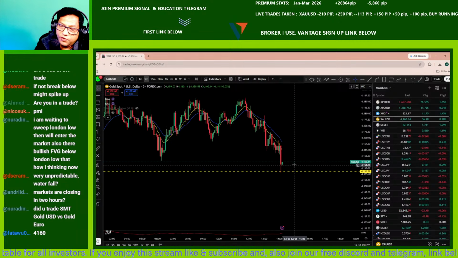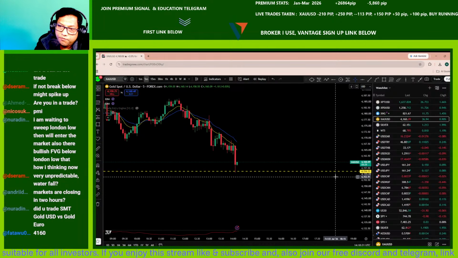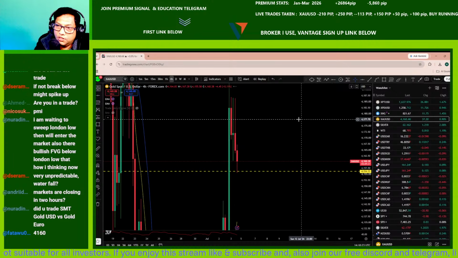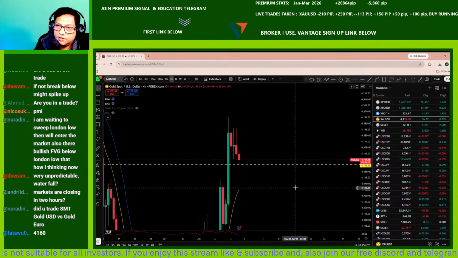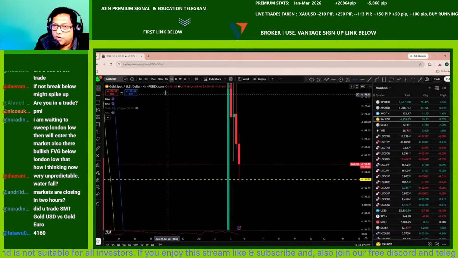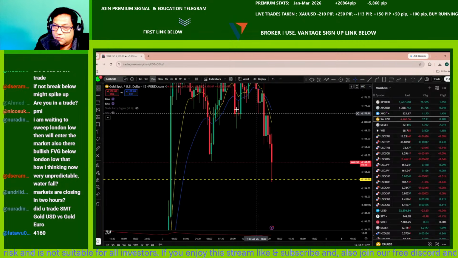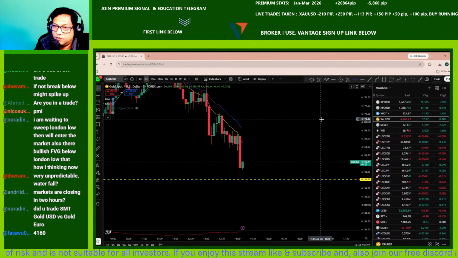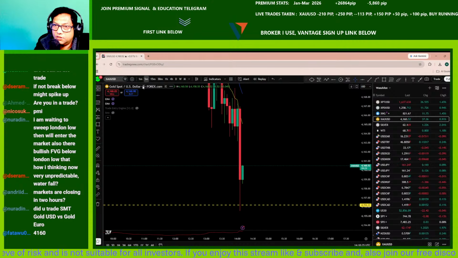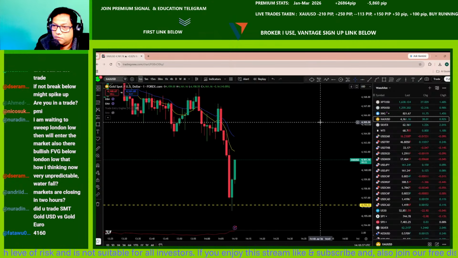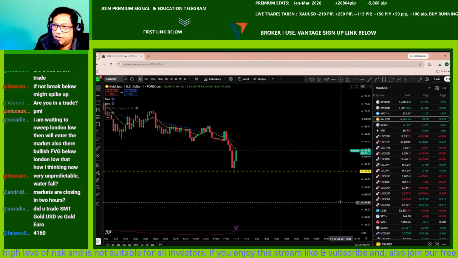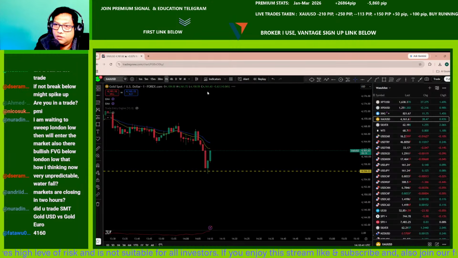Okay, so here, if you look at that, that's a support area, and with this support level the market is most likely to retest and then return again. You can see this just going back again after triggering that liquidity.